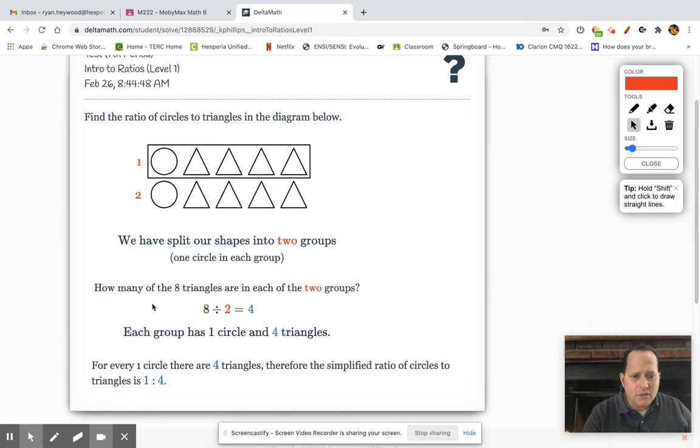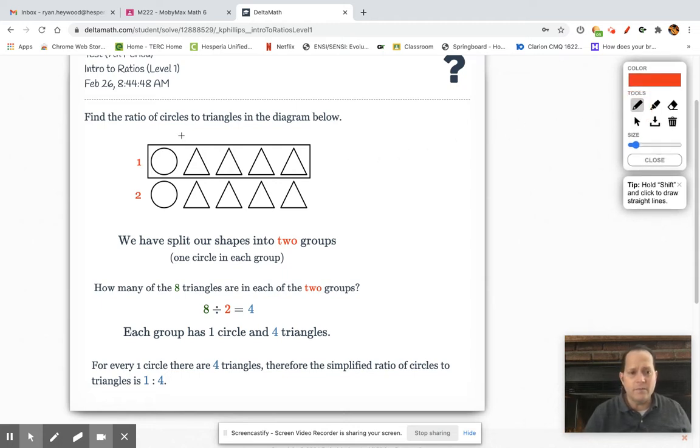And so what we do is we want to simplify that. So we can see that it can be divided into 2 groups, this first group and the second group. And we can see that for every 1 circle, there are 4 triangles. Okay, so what this did is it simplified our original ratio of 2 circles to 8, all right, 2 to 8.